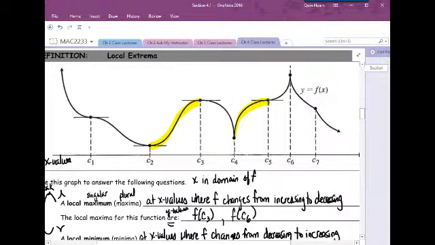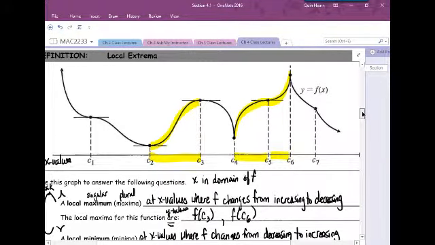We kind of flatten out at C5, and then we continue going up until C6. So what we see here is that we have 3 intervals on which the graph is increasing. It's increasing from C2 to C3, from C4 to C5, and again from C5 to C6.